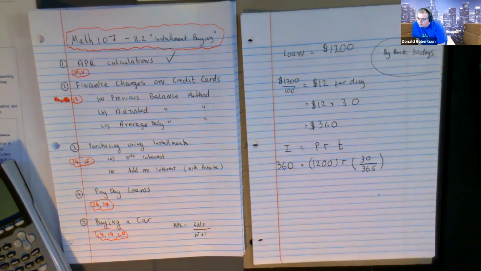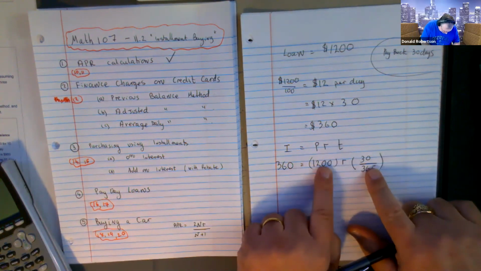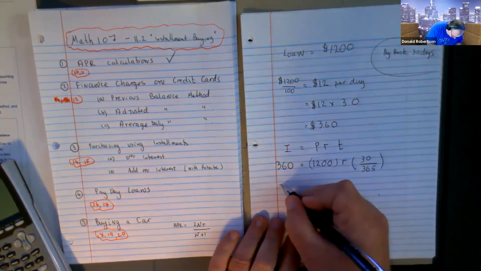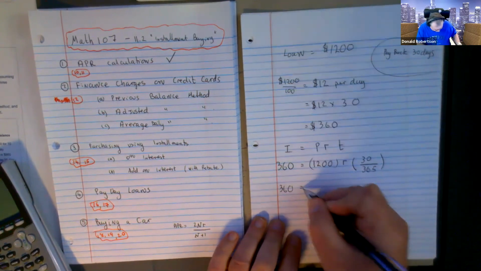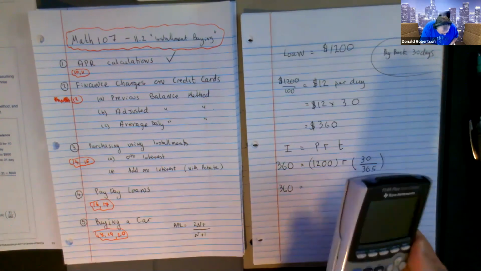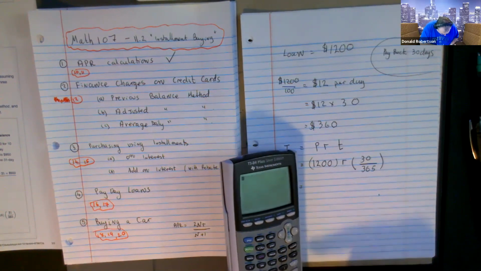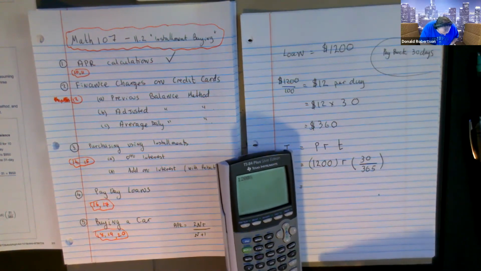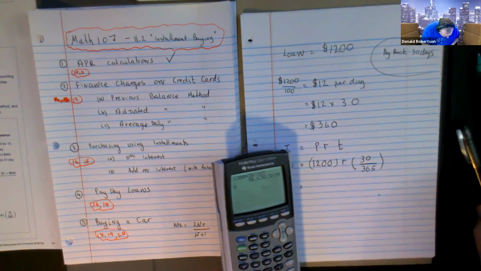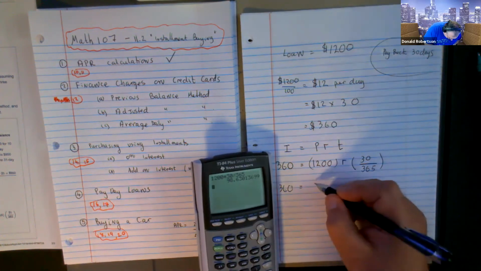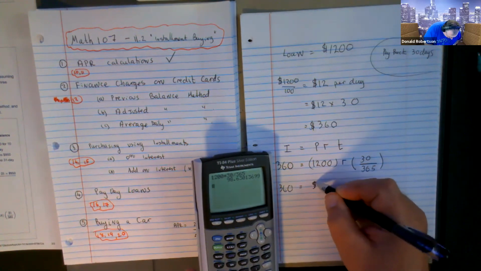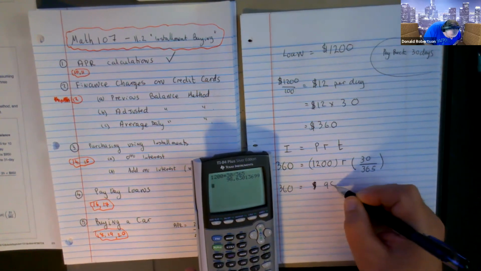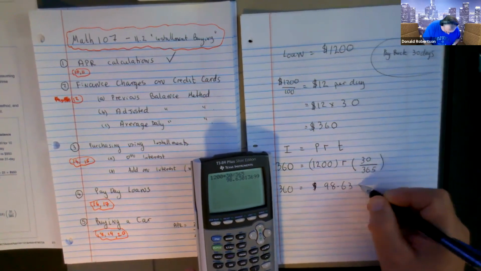You're comfortable about where they come from, right? So the next bit is to multiply these two together to get an ugly decimal. I go over to my calculator and I go 1,200 times 30 divided by 365, and I've got 98.63 R.